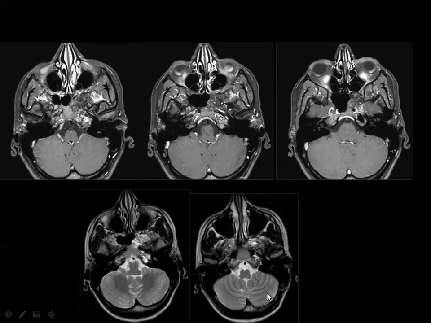But look by MRI, if you look carefully here in this axial T1 post contrast and axial T2 weighted images, you can see a lesion which is of low signal in the T1 and high signal in the T2, and there is no significant enhancement in the post-contrast images. Many times you may feel that this is a skull base tumor or a nasopharyngeal mass invading the skull base or something like this.